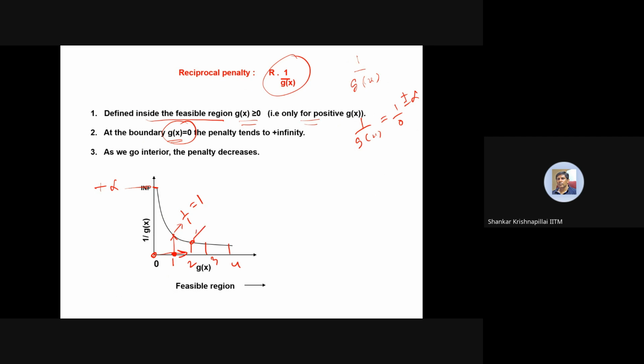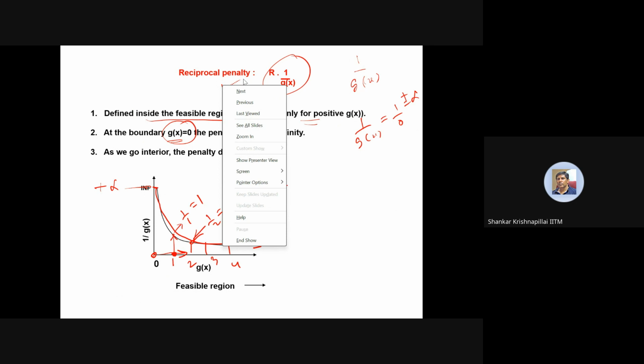Here penalty will be 1 by 2 is equal to 0.5. Here penalty will be 1 by 4 equal to 0.25. So as you move to the interior of the feasible region, penalty decreases. This is the main feature of this reciprocal penalty function.